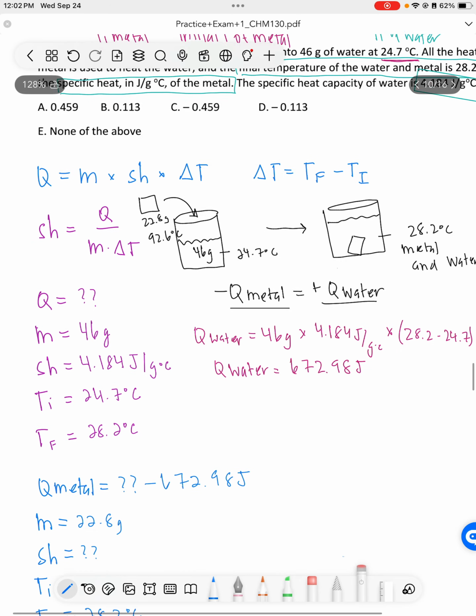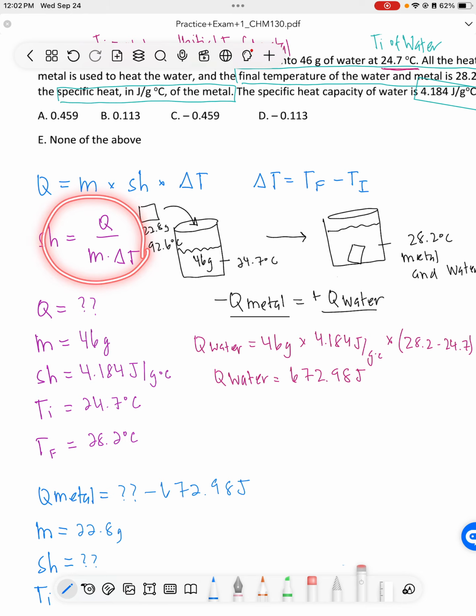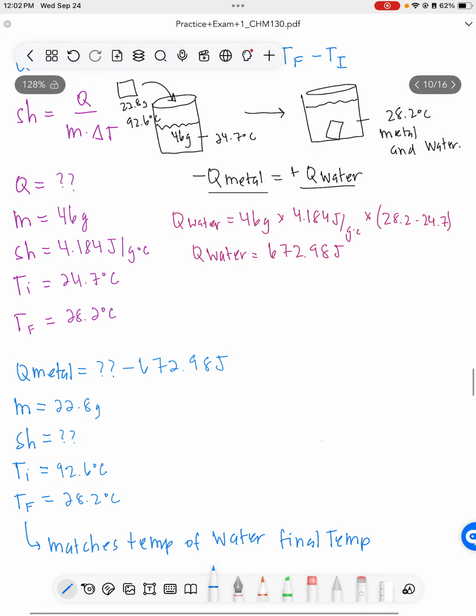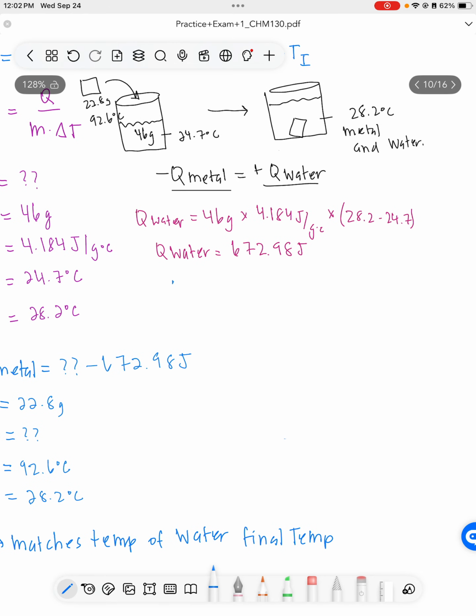The problem is the equation that we have is set up like this. We're looking for this, not this. So we need to rearrange our equation. I've already done it here, but we can do it together so that you have some practice with it. So let's do Q equals mass times specific heat times change in temperature. And remember that right now we want to solve for specific heat.